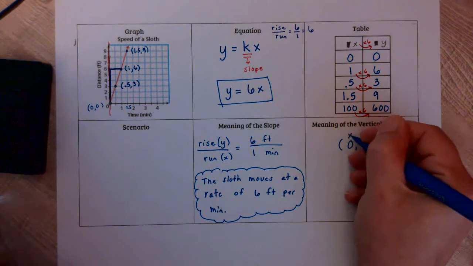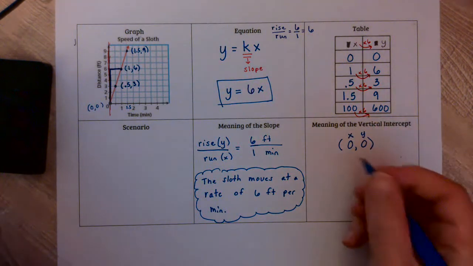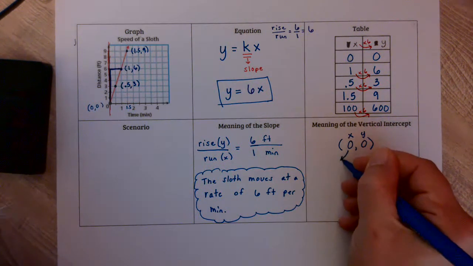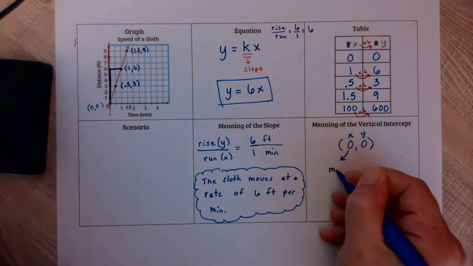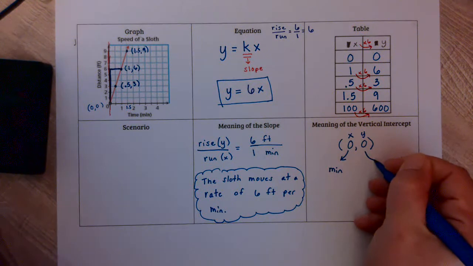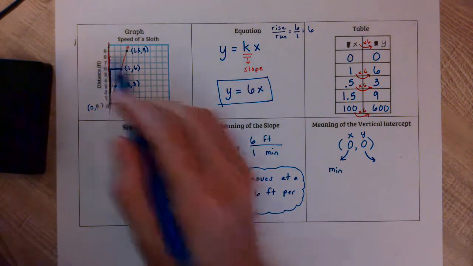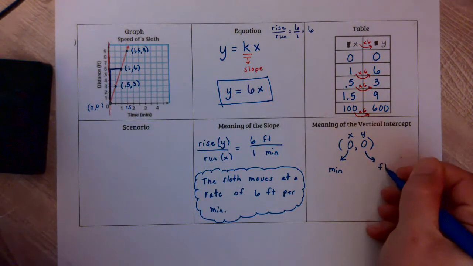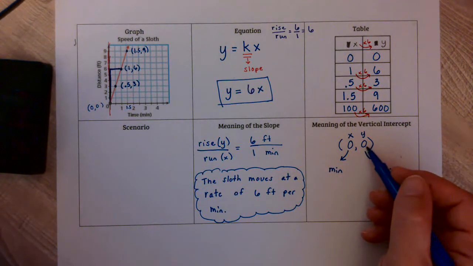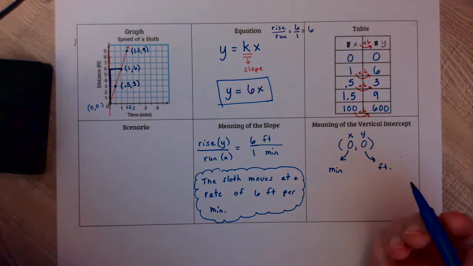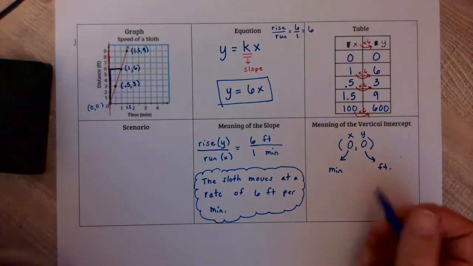That means your x is 0 and your y is 0. Well, think about what x means. X's are talking about minutes. So at 0 minutes. And y is talking about the feet. So at 0 minutes, the sloth has literally moved no feet, which makes sense. If no time has passed, then the sloth wouldn't move.